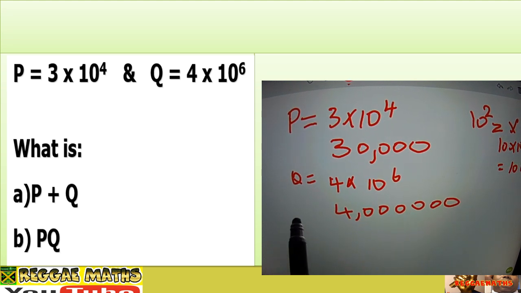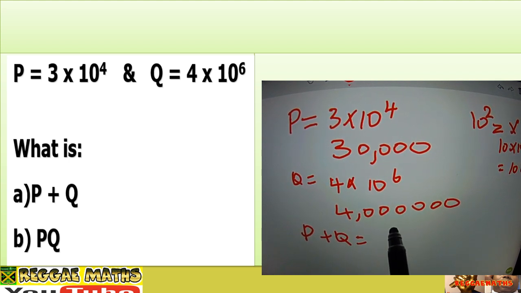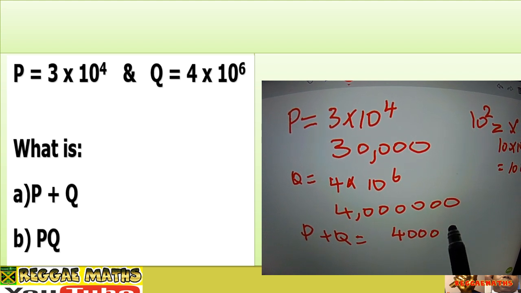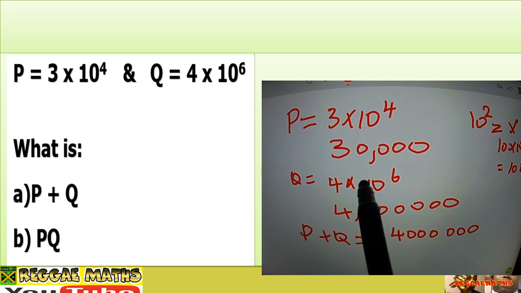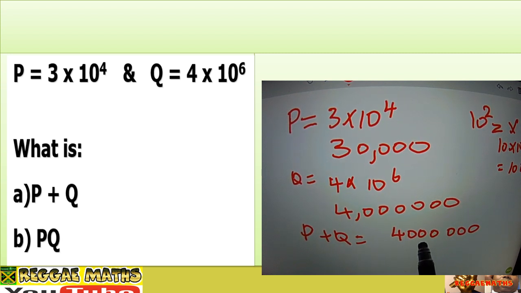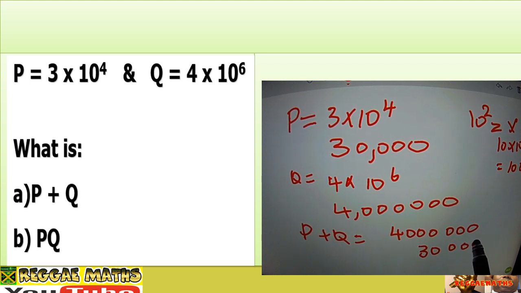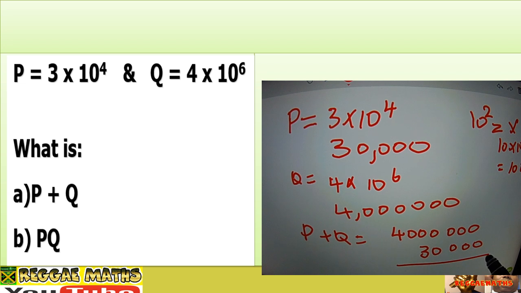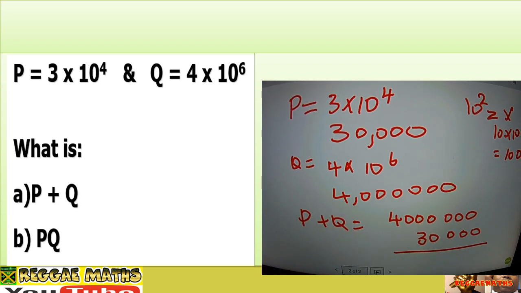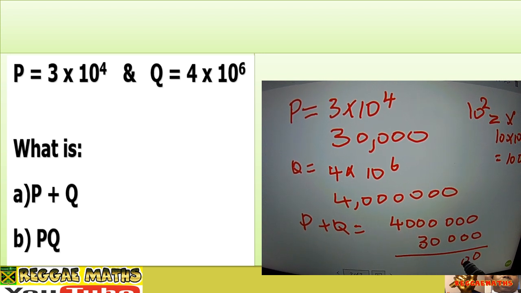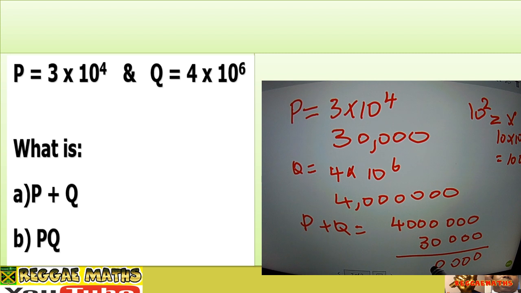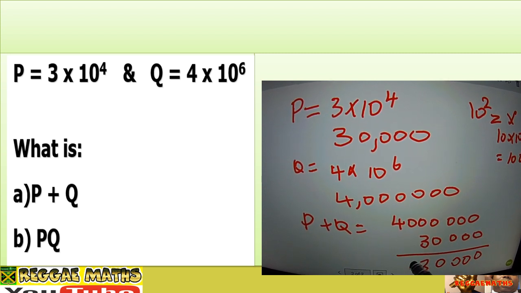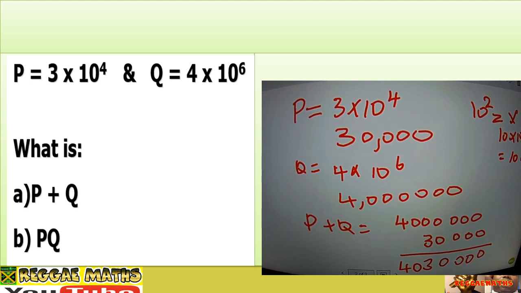So P plus Q is going to be 4 million plus 30,000, and so adding, 4,030,000.